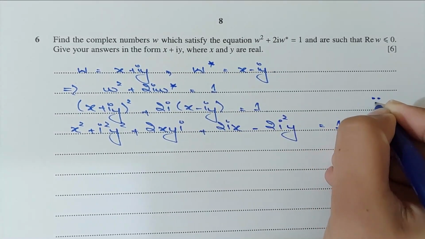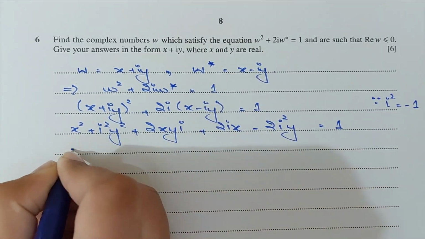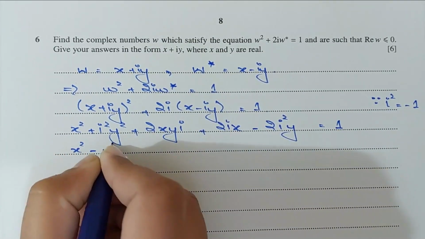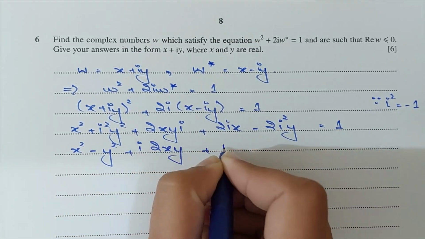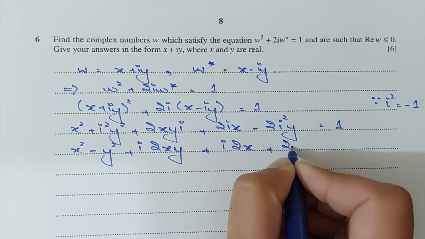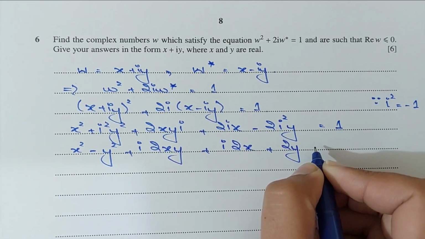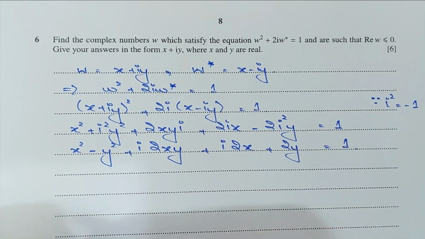And from here we know that i squared is equal to -1, right? So we have x squared minus y squared plus i times 2xy plus i times 2x, and i squared is -1, so plus 2y, equals 1. Yes. Okay, combining the real and imaginary parts.